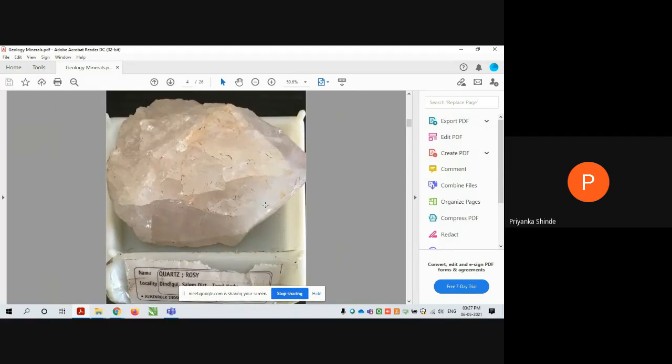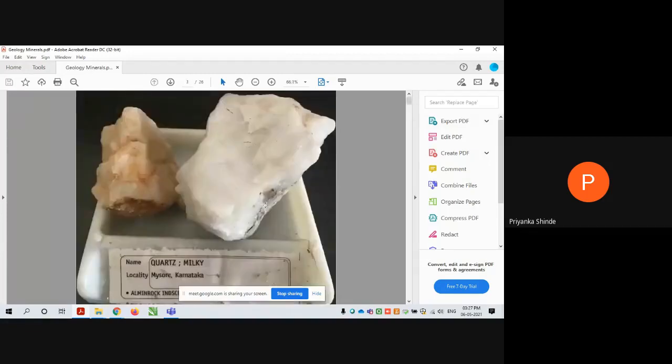They all have the same properties except their color. So the first property is color. Whatever color is shown by the mineral, you have to write in the exam. The specimen will be given to you and you have to write the color of that particular mineral by seeing the mineral. Then the next property is streak.